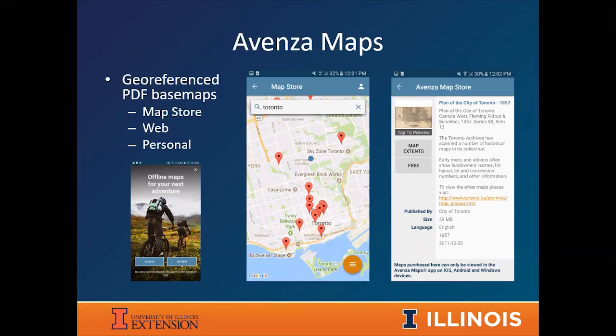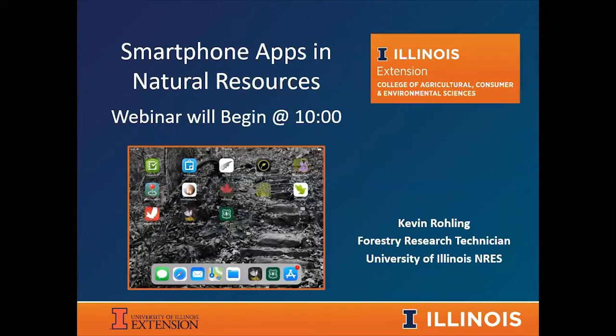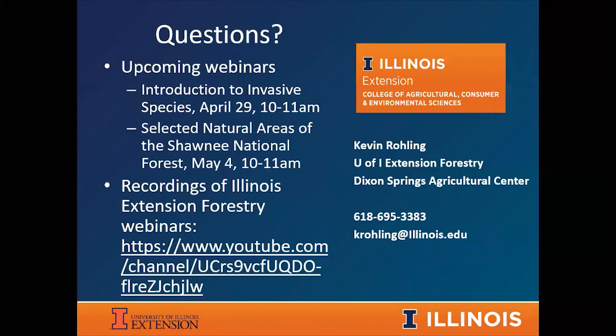Okay, and just in your opinion, would Avenza be useful to create a tree identification walk? Yeah, I think that would be an awesome use for it. So you might actually have to create it in GIS initially and then upload it to Avenza.